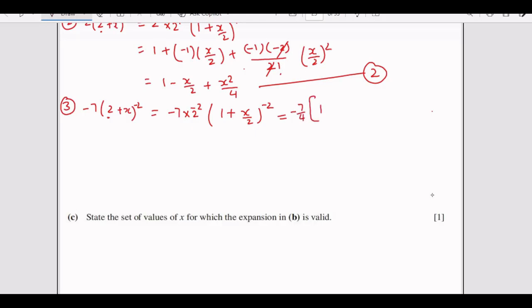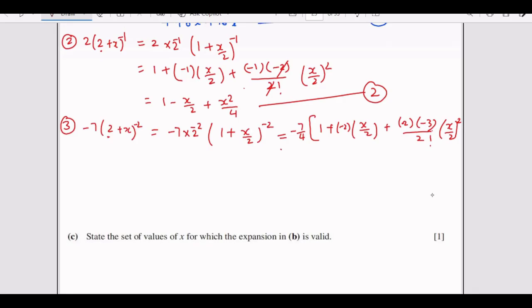Then we have 1 plus nx, where n is -2 and x is x over 2, plus n(n minus 1) over 2 factorial, and then x over 2 squared, right?